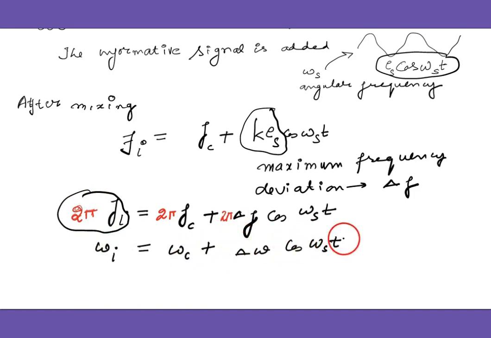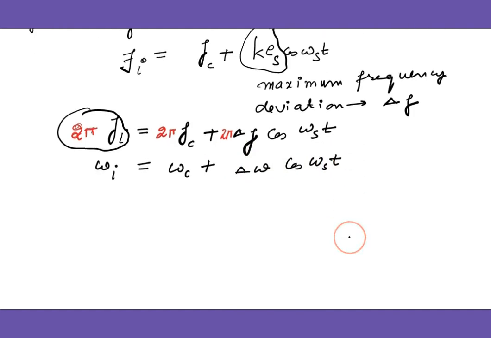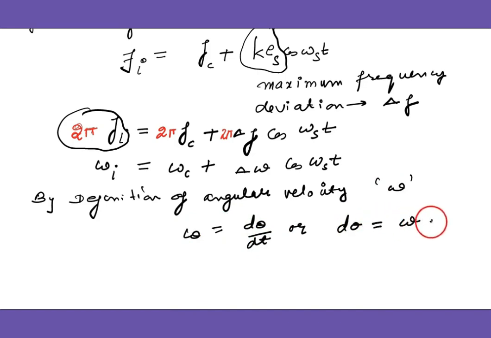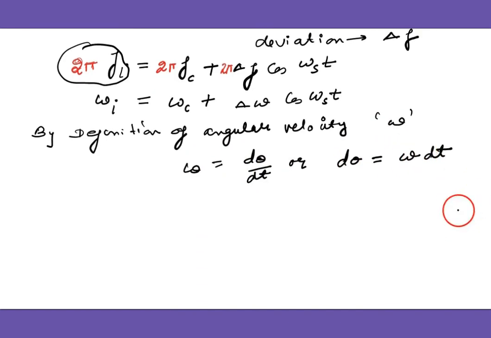So omega i equals omega c plus delta omega cos omega st. Then, by definition of the angular velocity, omega is d theta over dt. So having the value of d theta from here, omega into dt.